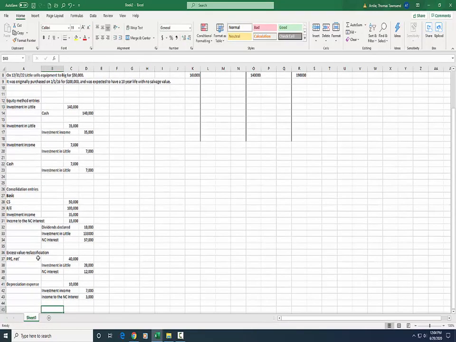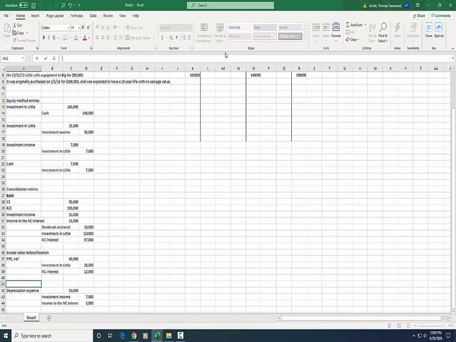Now, sorry, I need to put a title on this one. This is the excess value. And this is going to be called the amortization of excess value entry. Okay. Again, think of what we've done here. This income of the non-controlling interest. Basically, we're saying, look, of the combined pot of earnings from big and little combined, 15,000 of that is going to be allocated to the non-controlling shareholders.